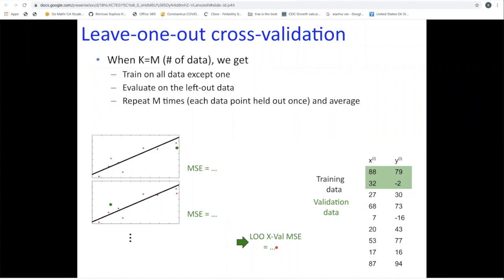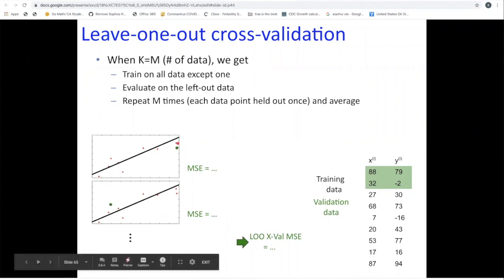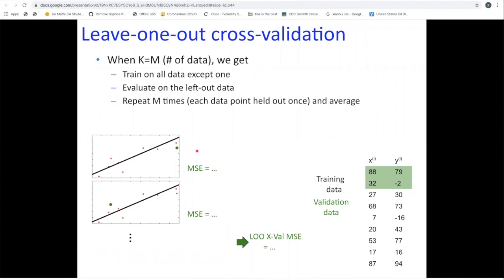In this case, you do have an advantage that you are utilizing more data for training in each split. However, you also have a disadvantage. In each split, you evaluate your model only on one sample. When you evaluate on one sample, you know that the evaluation is not going to be accurate because it could be biased.